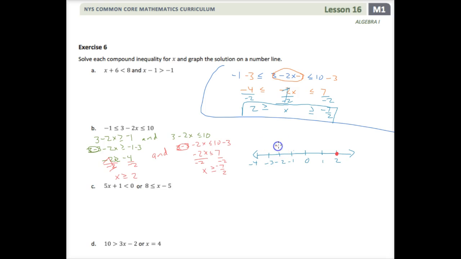Let's see. This is negative 4 halves. 3 would be negative 6 halves, negative 8 halves for 4. So our negative 7 halves is right in here, negative 7 over 2. So there's the end of our range because remember x is between 2 and negative 7 halves. And we're going to fill in here. Ta-da! That's that one.